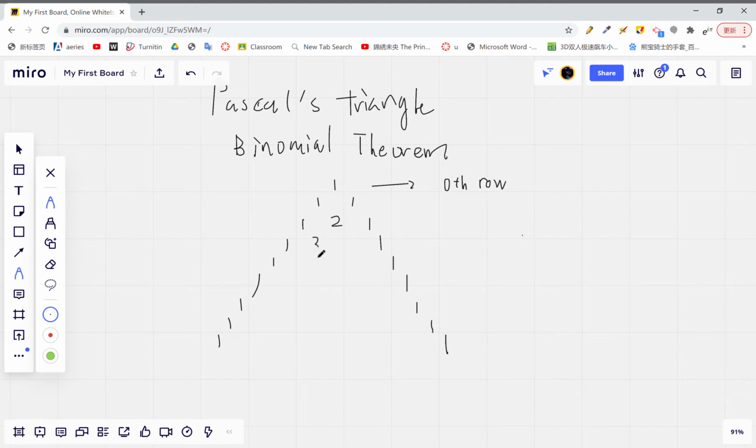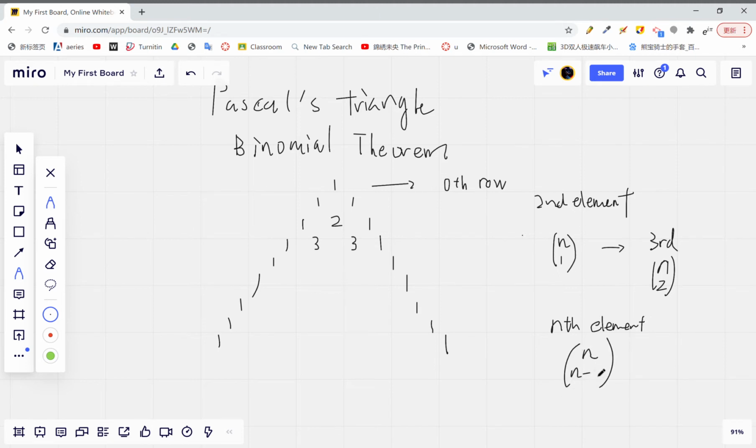The second element on each row is n choose 1, which means the third element is going to be n choose 2, and the nth element is n choose n minus 1. Okay.